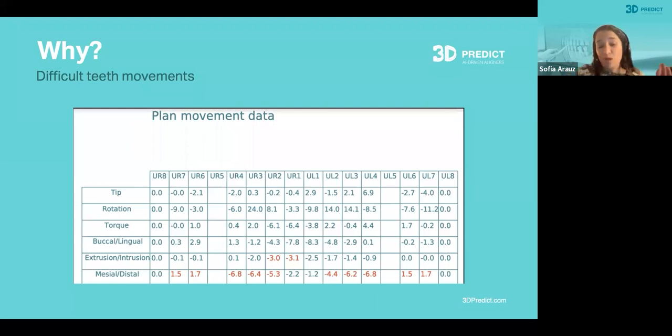That's one way you're going to figure out this is a difficult movement, because our technician is going to tell you. But also, if you open the plan movement data in your PDF report, which is the roadmap for your treaty plan, you're going to see those numbers highlighted in red. Anything that is in red is outside of predictability limits.